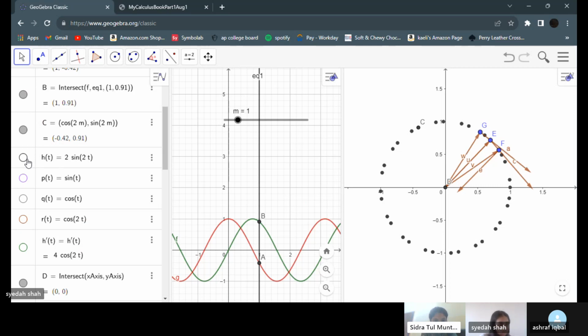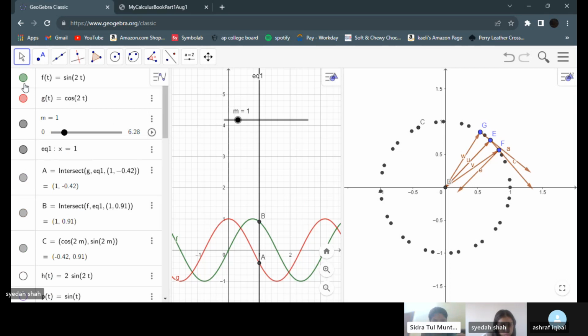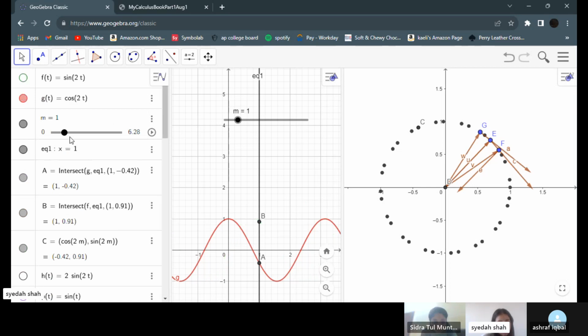Hide the sine, and only show the cos. Okay, so take the derivative of cos of 2t and sine of 2t. What will you get? You get 2 sine 2t.